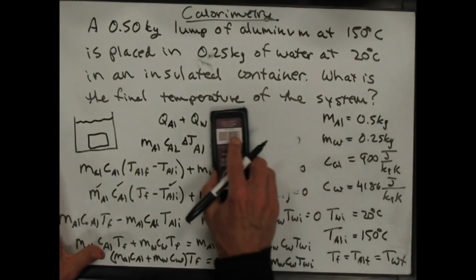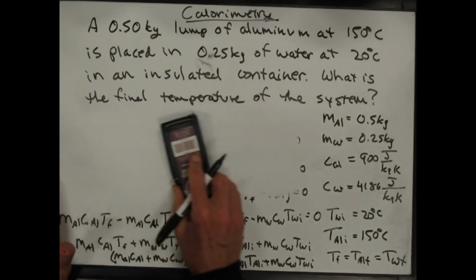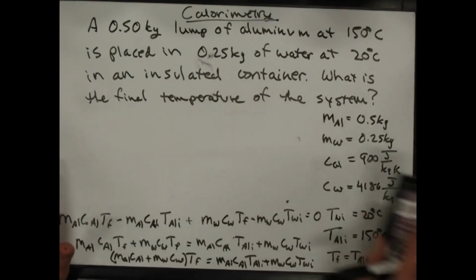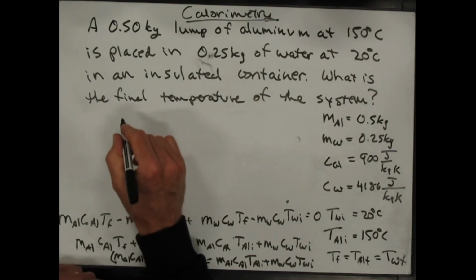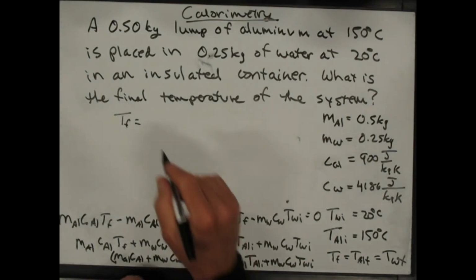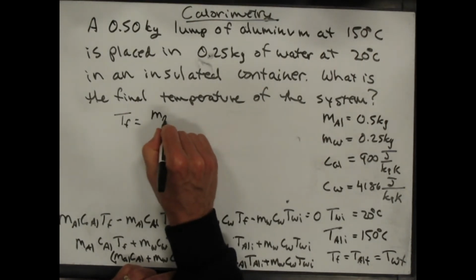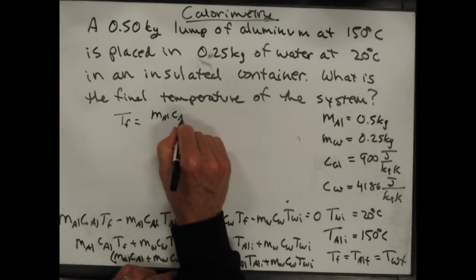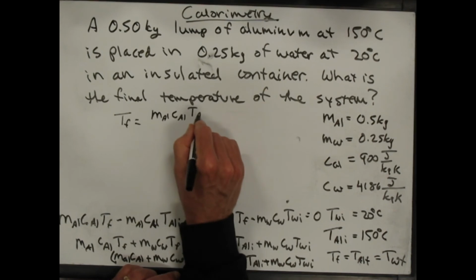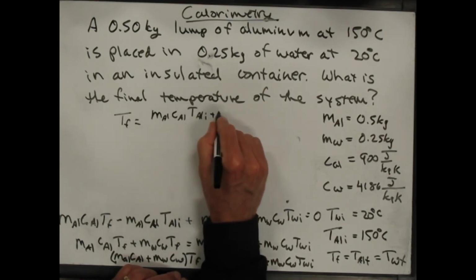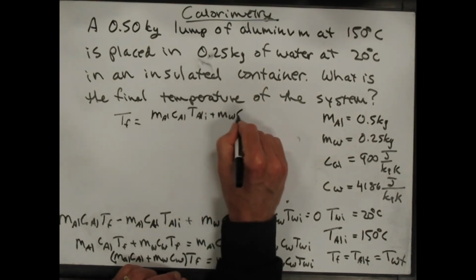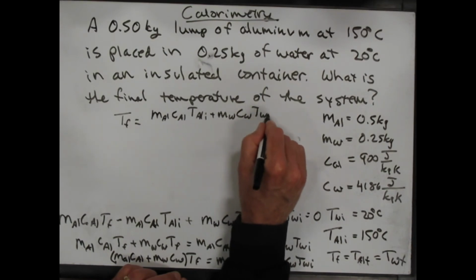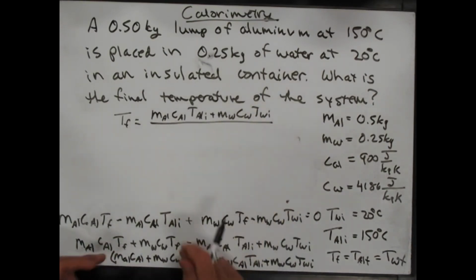So I'm going to erase some lines up here. And now I'm going to say T final is equal to, dividing both sides by the thing in parentheses, mass of the aluminum, C for the aluminum, T aluminum initial, plus mass of the water, C for the water, T water initial, over this whole thing in parentheses.